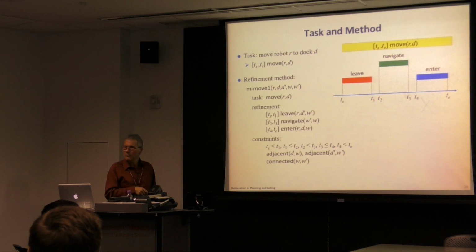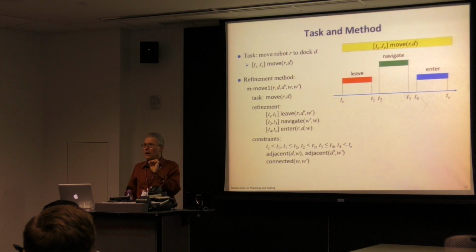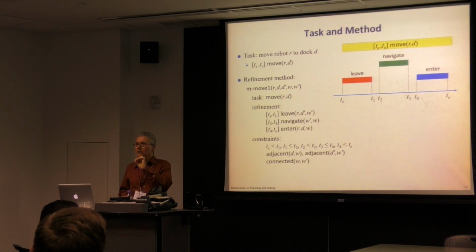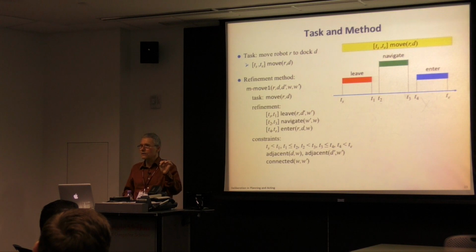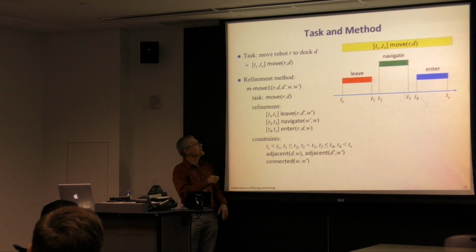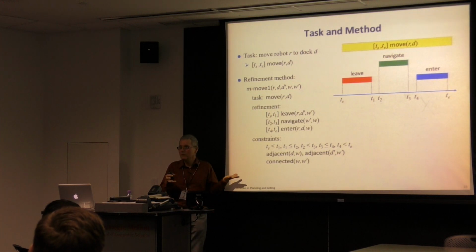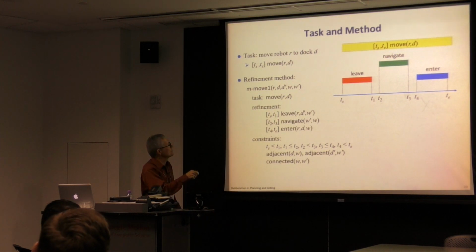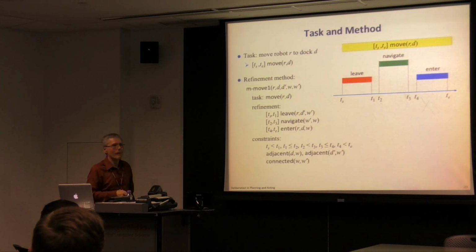What we don't have that we had before: before, the body of our method was a program that we execute. Remember, that carried some complication with it. This gets complicated enough already. We're not going to have a program on top of it. We're just going to have a list of actions or tasks. So this part of it is a little bit like HTN planning.